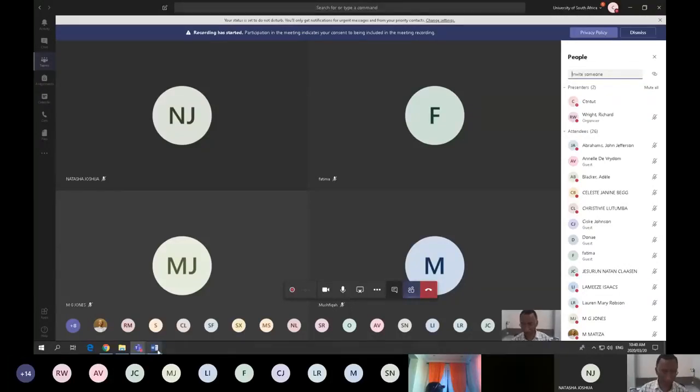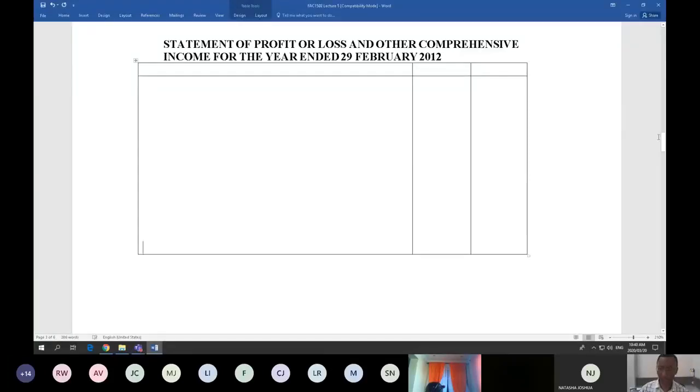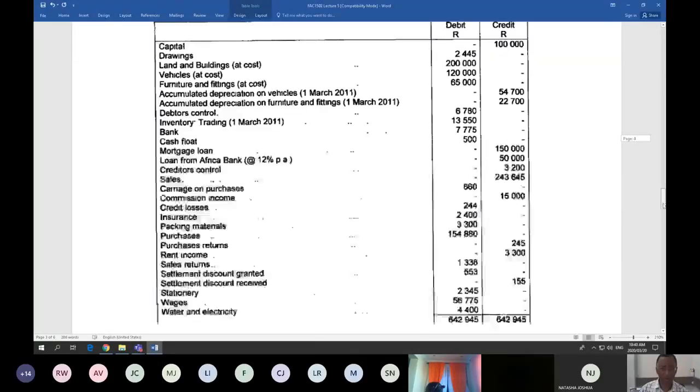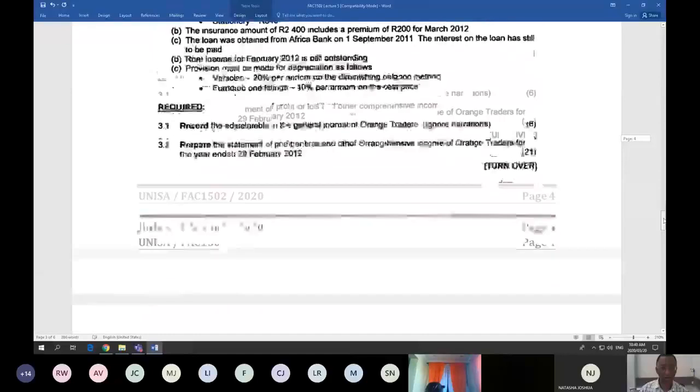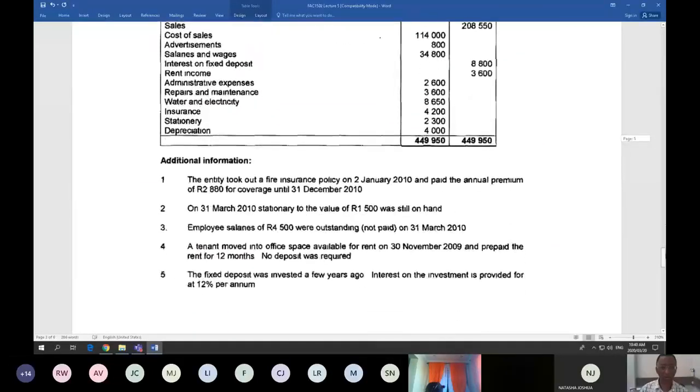In adjustment number 1, they state the following. The entity took out a fire insurance policy on the 2nd of January and paid the annual premium of 2,880 for the coverage until the 31st of December 2010.